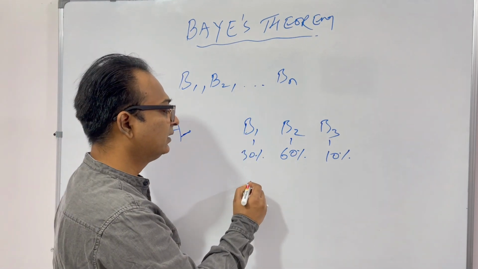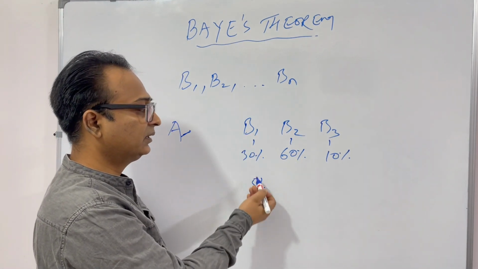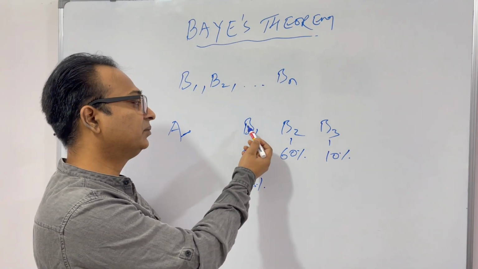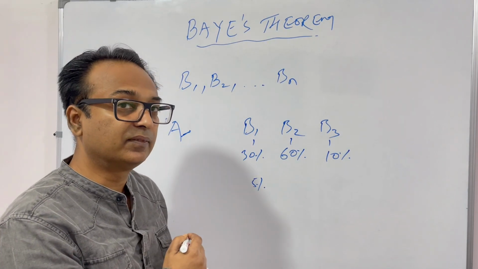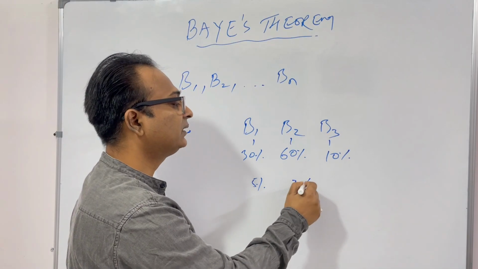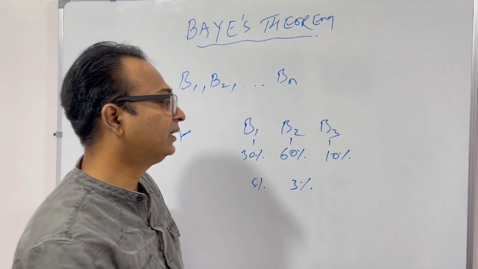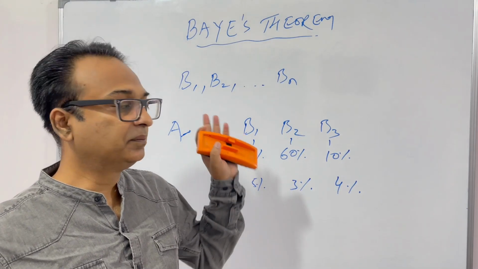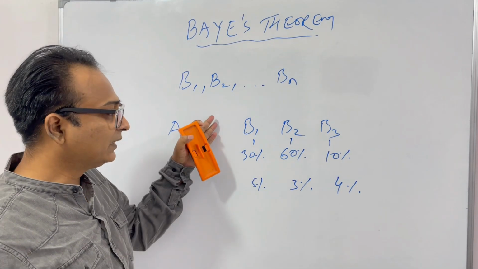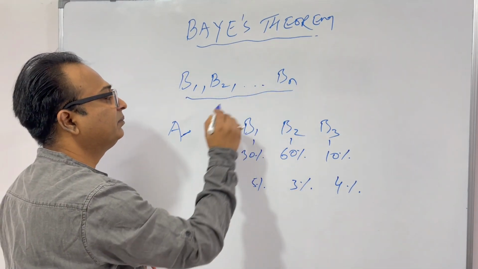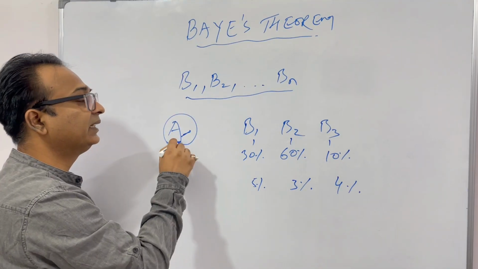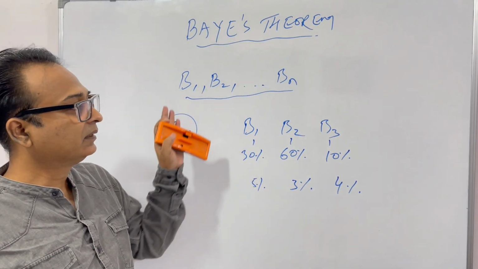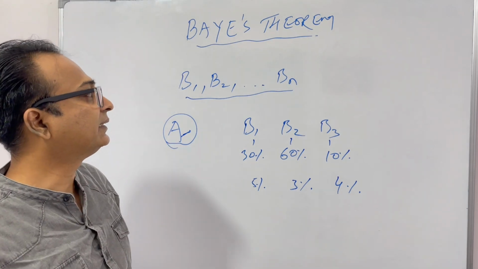Let's say 5% of the product manufactured by machine 1 is defective, 3% from B2 is defective, and let's say 4% from B3 is defective. So this is what we mean by B1, B2, Bn, and this is the event of production of a defective piece. I have just given you an example.